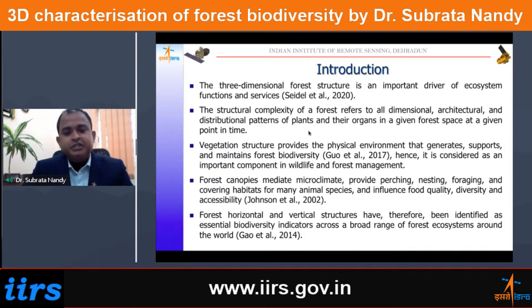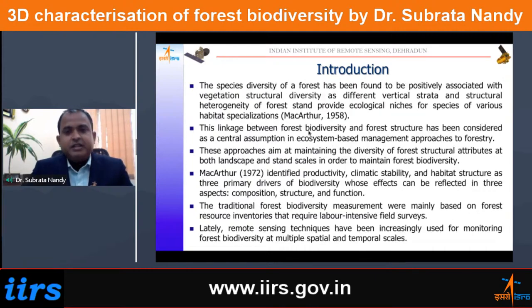Generally, forest canopies mediate a microclimate, and they provide perching, nesting, foraging, and covering habitats for many animal species and influence the food quality, diversity, and accessibility. The forest horizontal as well as vertical structures are identified as essential biodiversity indicators across a broad range of forest ecosystems around the world.